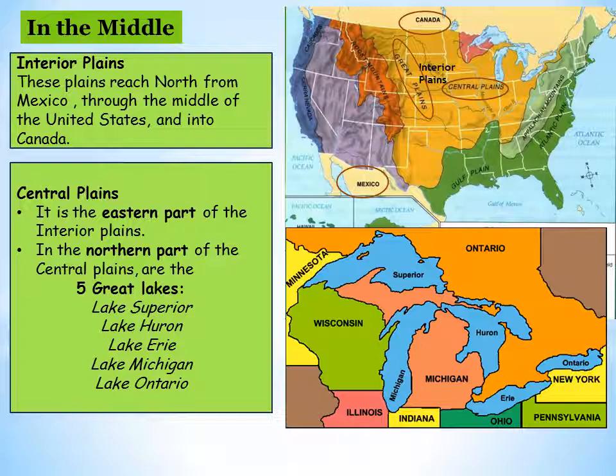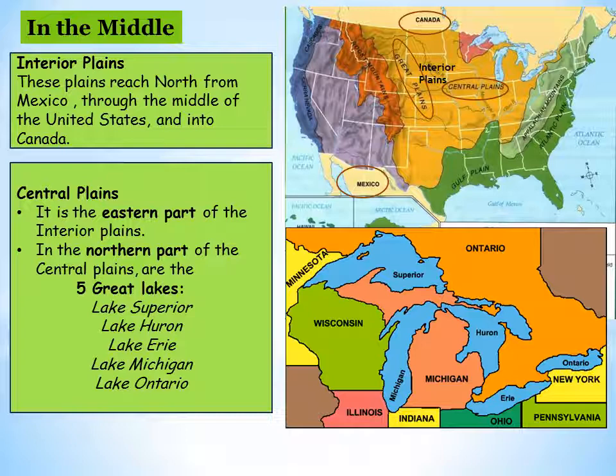Look at the map here. The ones in blue, grade 4, are the Great Lakes of the United States. These are Lake Superior, Lake Huron, Lake Erie, Lake Michigan, and Lake Ontario. I will give you a clue, guys, so you won't forget these 5 lakes. Just remember the word HOMES.